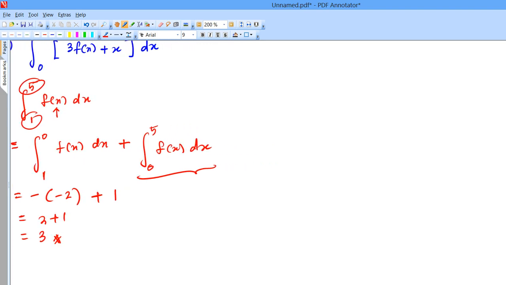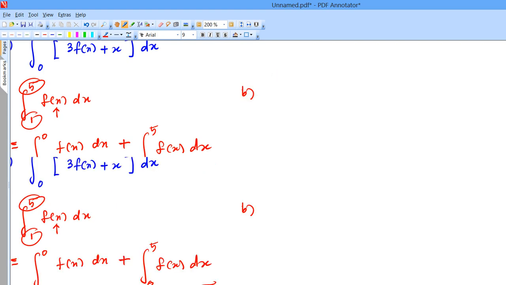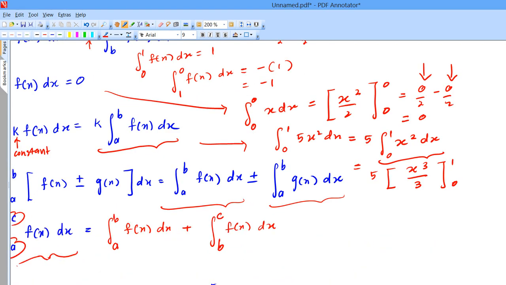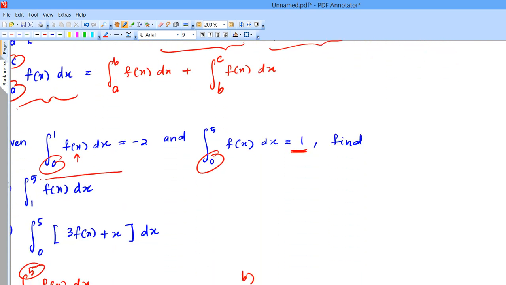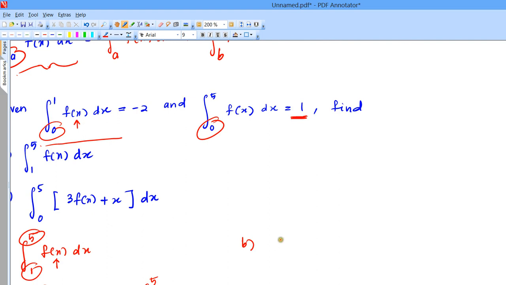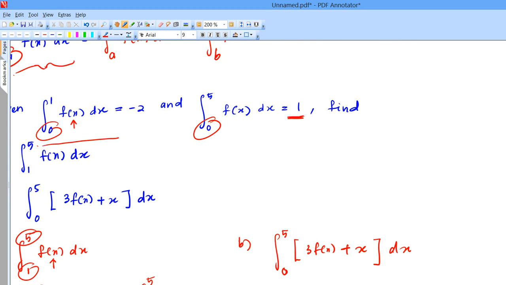Okay, next, B. For B, we have the integral of 3f(x) plus x dx from 0 to 5.